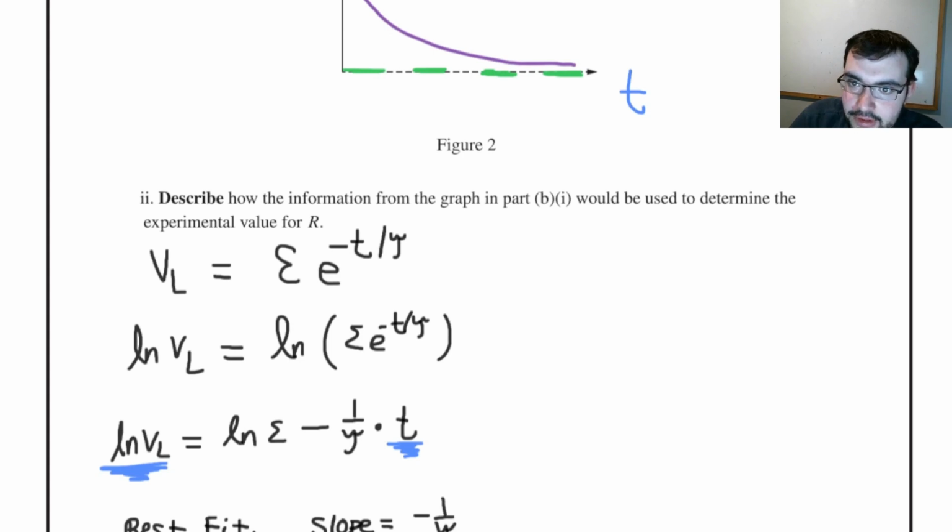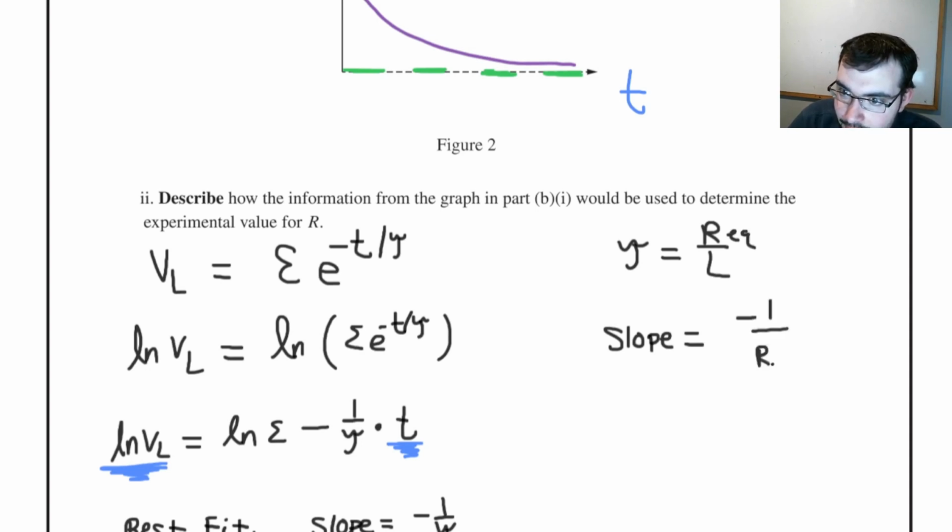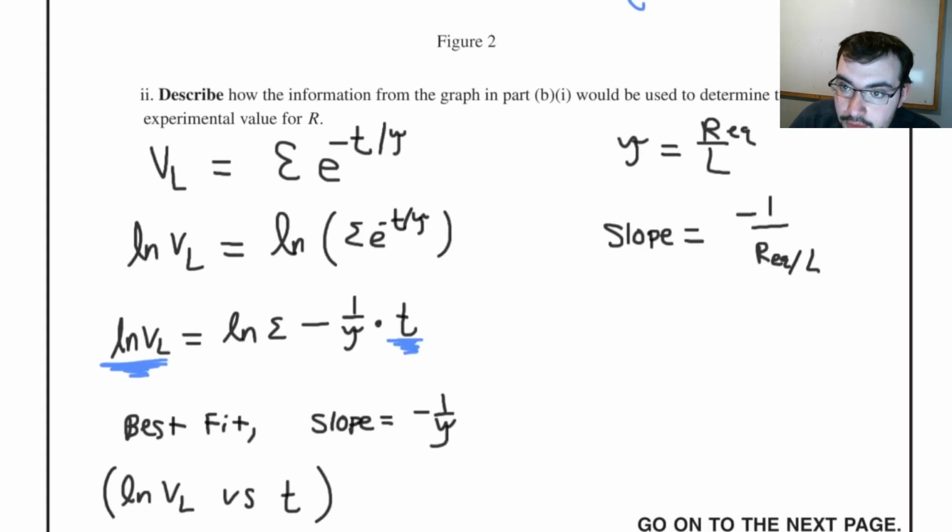And then you know that for an RL circuit, the time constant is L over R. So that means that our slope will be equal to negative 1 divided by L over R_eq, or slope equals negative R_eq divided by L, where the equivalent resistance of our circuit is just R divided by 2, because it's two resistors in parallel.